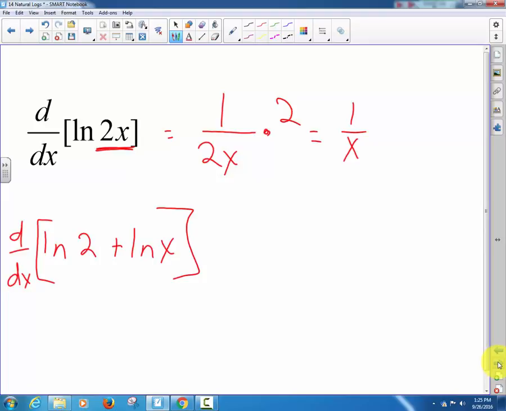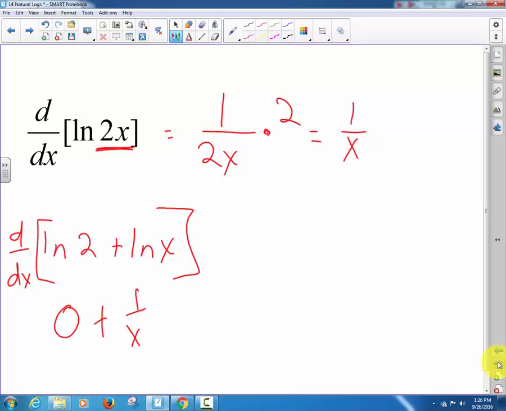Why? Because ln of 2 is just a number. It's not a pretty number, but it's just a number. So that would become 0 plus the derivative of ln of x, which is 1 over x. So whether you do it this way and use the chain rule, or expand it out, lo and behold, we get the same answer. Math's still right. 1 over x.